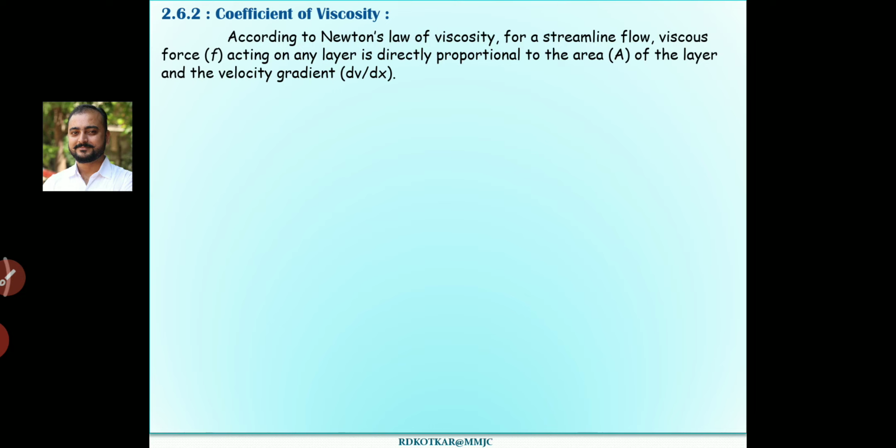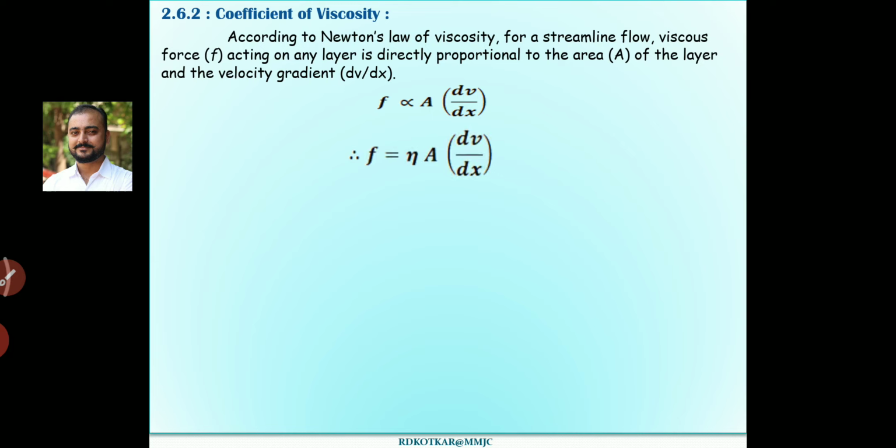So as you can represent it symbolically, the viscous force, but in which case? For streamline flow only, not in case of turbulent flow. For streamline flow, the viscous force is directly proportional to the area of the layer, and it is also directly proportional to the velocity gradient.